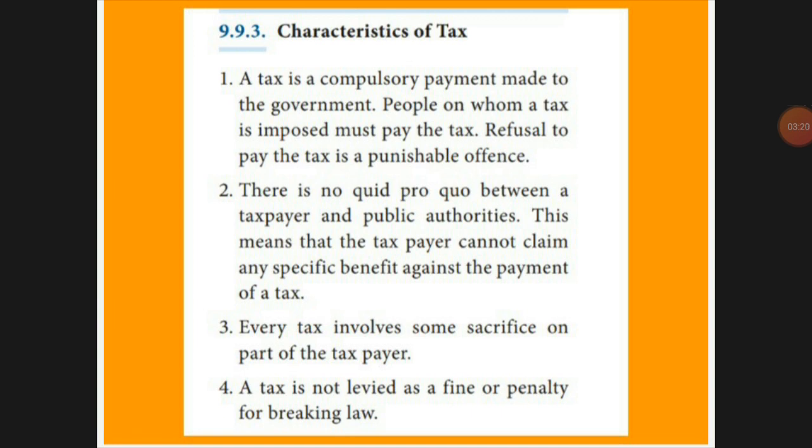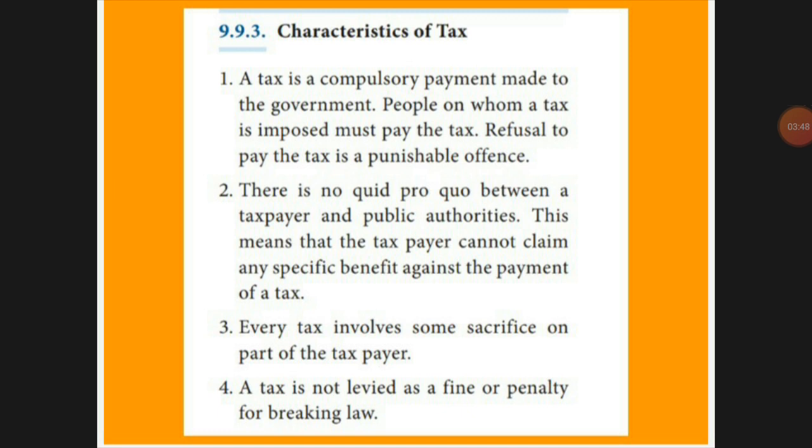Second, there should be no argument while paying the tax between the taxpayer and the public authority. That's why there is no quid pro quo. The third one is that some sacrifice has to be made to pay the tax. The taxpayer has to make some sacrifices, and then only can pay the tax.